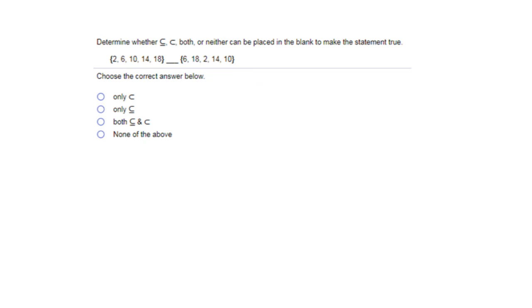Determine whether subset, proper subset, both or neither can be placed in the blank to make the statement true. The first set, which I'll call set A, contains 2, 6, 10, 14, 18. The second one is set B, and contains 6, 18, 2, 14, 10. Every element in the first set is contained in the second set.